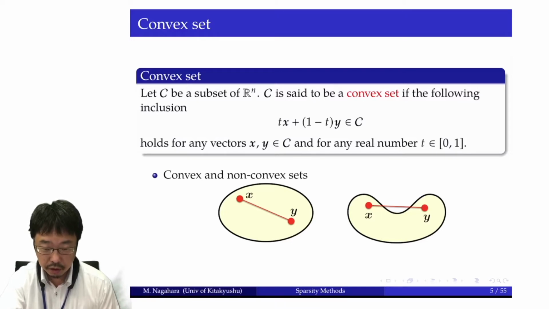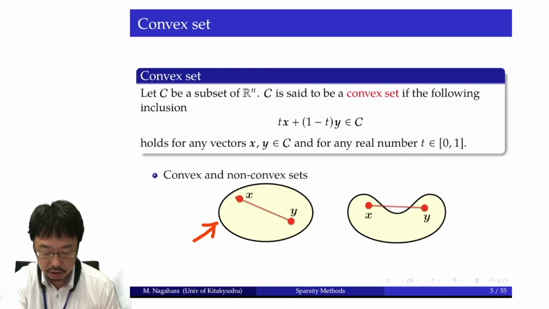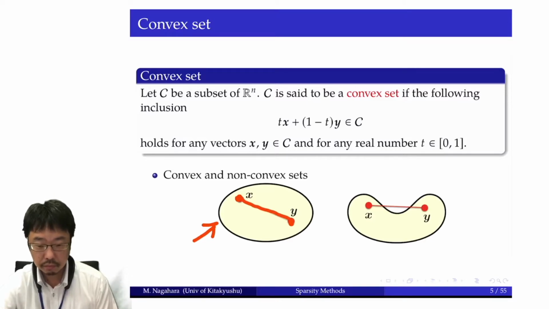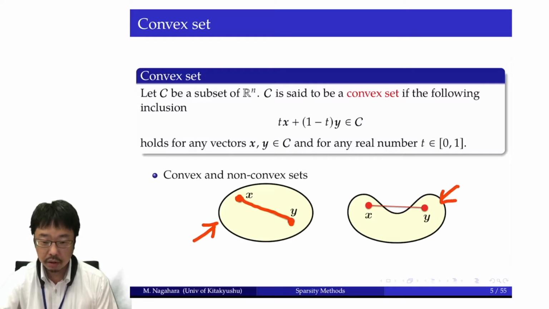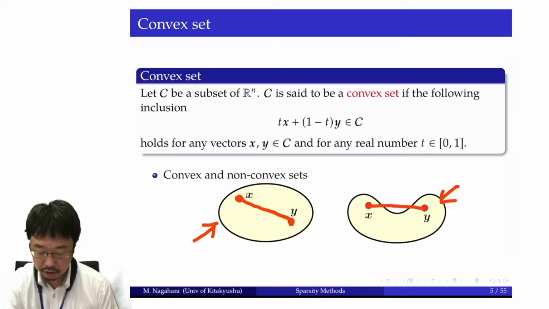The left figure is convex since the line between any x and y lies in this set. On the other hand, the right-hand side is non-convex since the line between x and y goes outside this set.